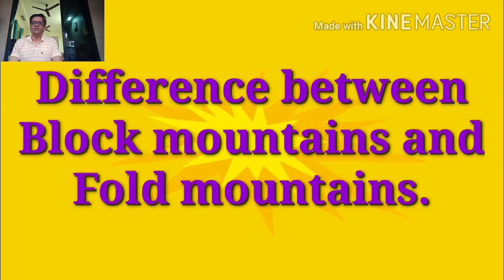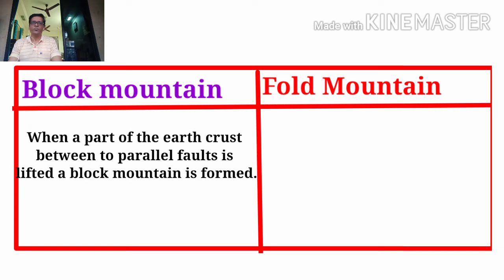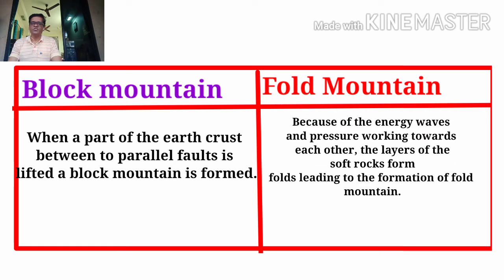Now let's see the difference between block mountains and fold mountains. The first difference is, when a part of the earth crust between two parallel faults is lifted, a block mountain is formed because of the energy waves and pressure working towards each other.